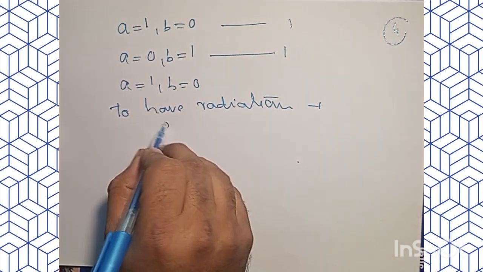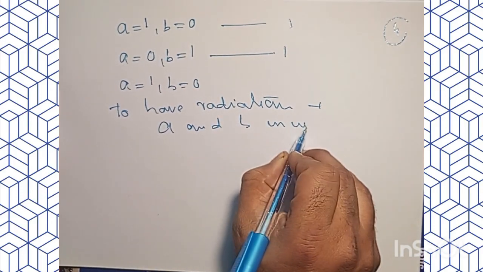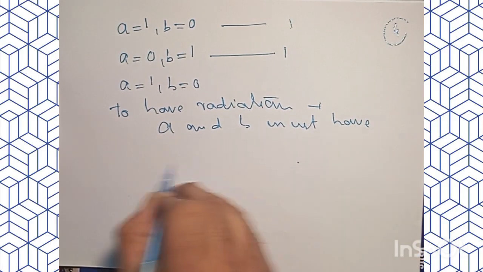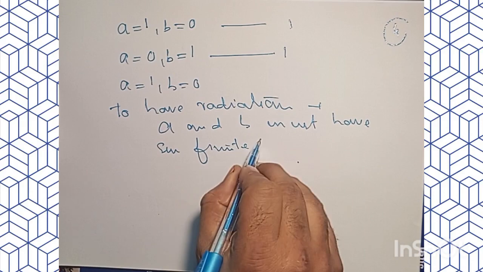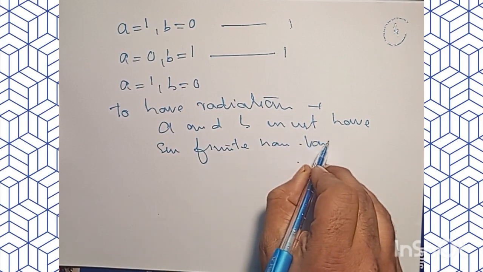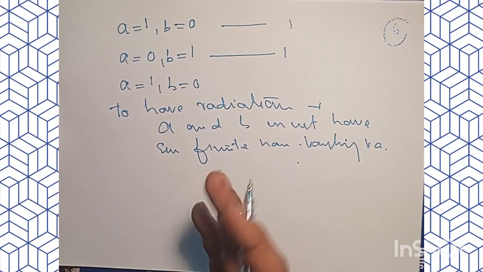it means A and B must have some finite, non-vanishing values. So they must have mixed values.